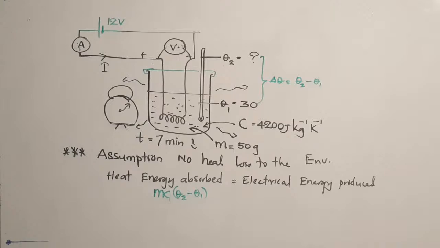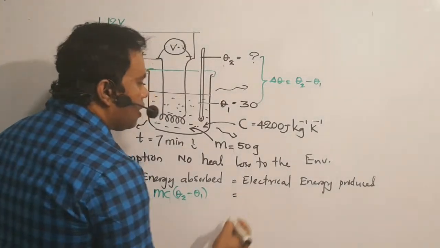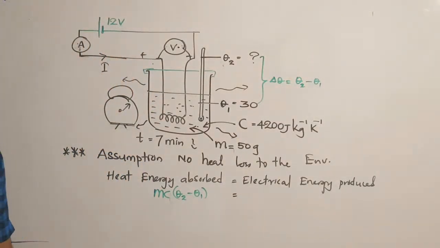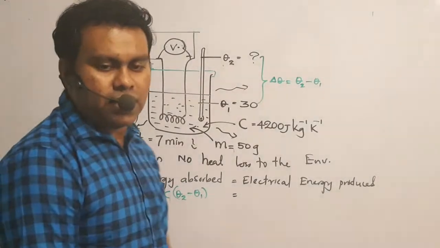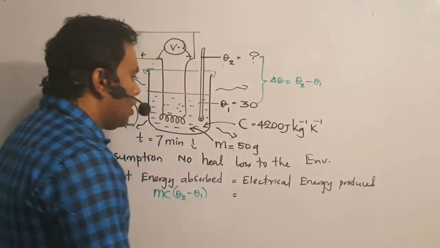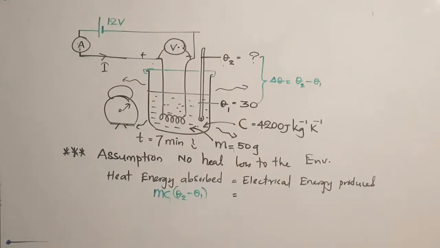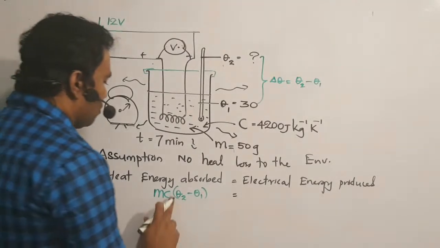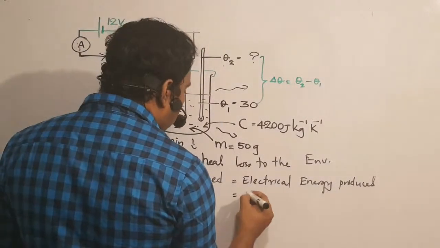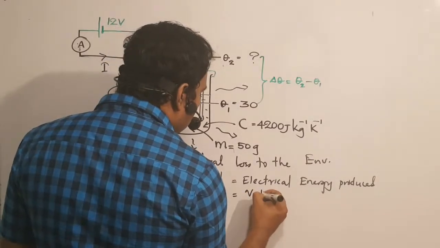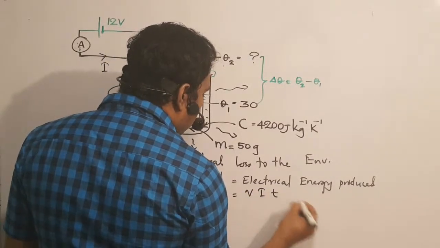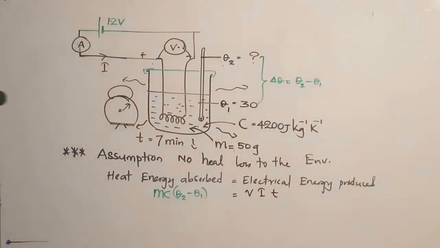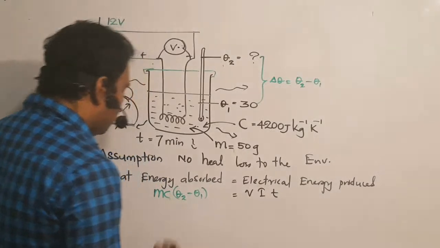Okay. So next, electrical energy produced. I told you two days ago, electrical energy produced equals VIT. Okay, let's substitute now all the values.